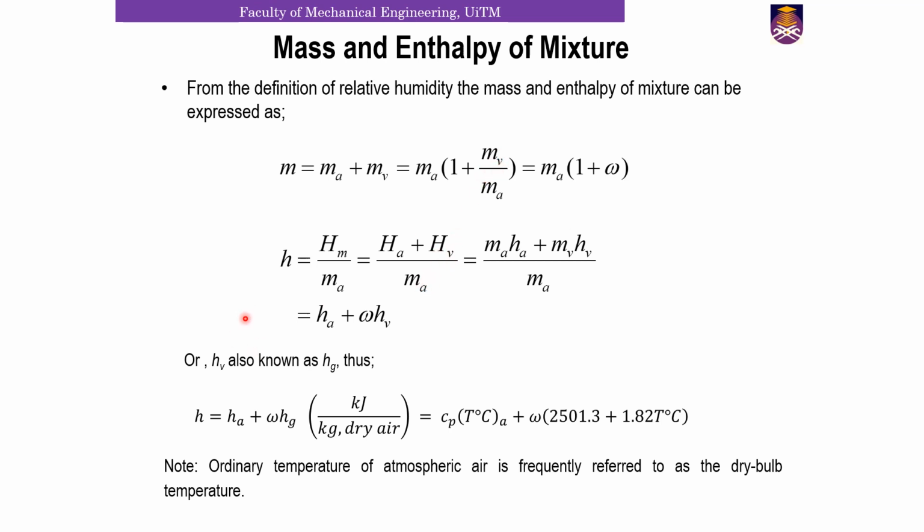So that will give you omega here, and this is your enthalpy of water vapor. So that will result in this formula. This is the enthalpy. You can use the enthalpy of mixture to calculate the enthalpy for problems related to air conditioning. And this is the associated unit. The unit is nothing but kilojoule per kilogram dry air. Okay, so this formula can also be equated to this formula. Again, bear in mind the temperatures here are in degrees Celsius.